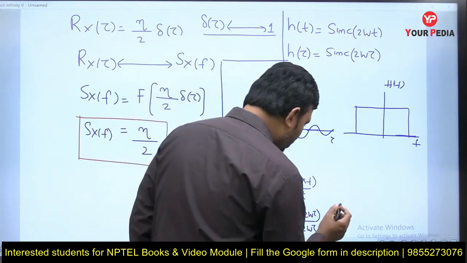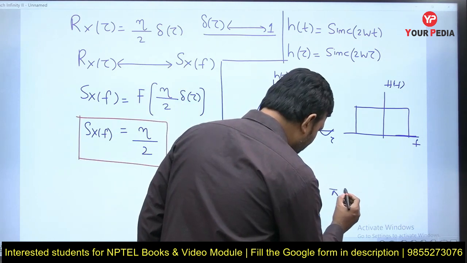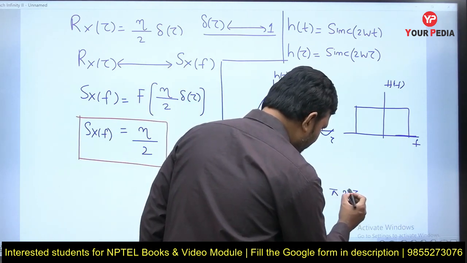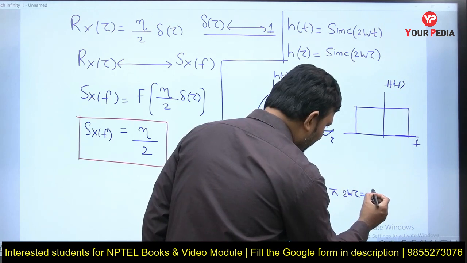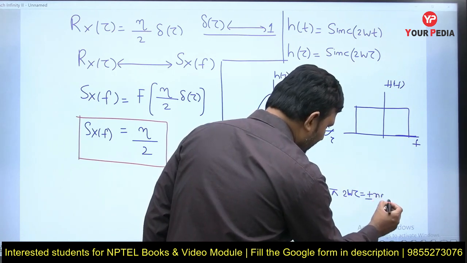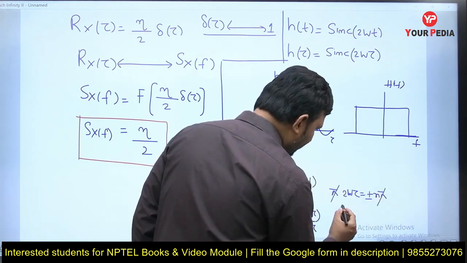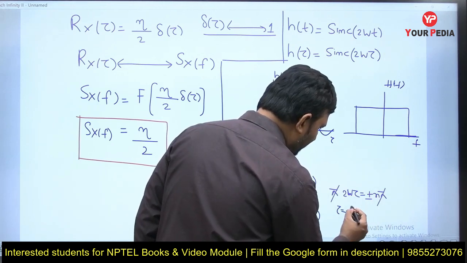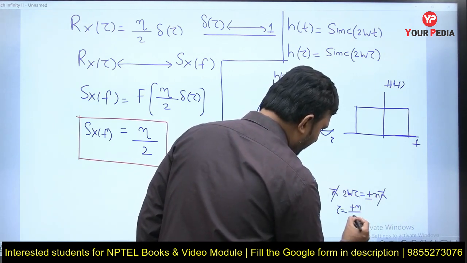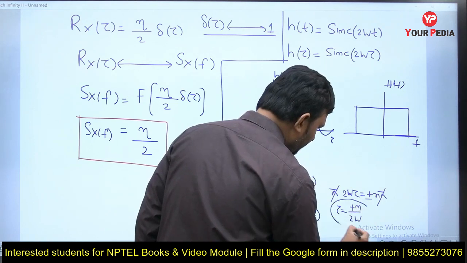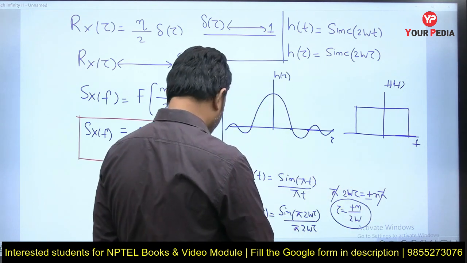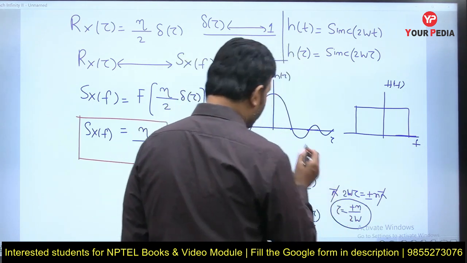So what I must do? Pi into 2w tau must be equated to plus or minus n pi. Pi gets cancelled, and tau is equal to plus or minus n by 2w. So here observe, this is the first null.